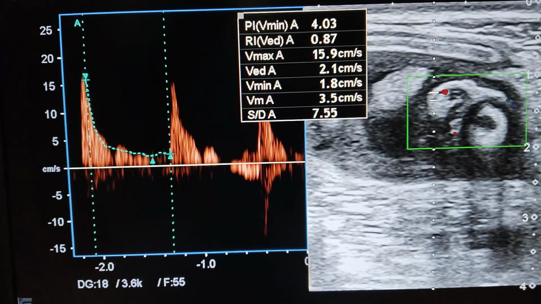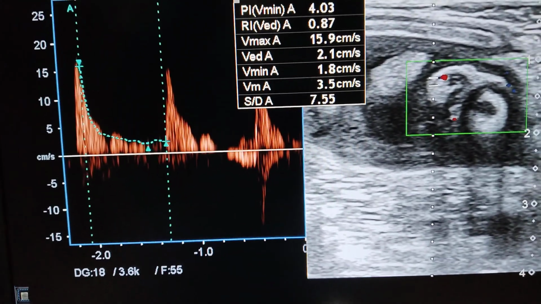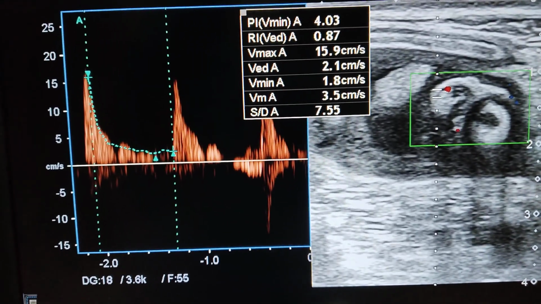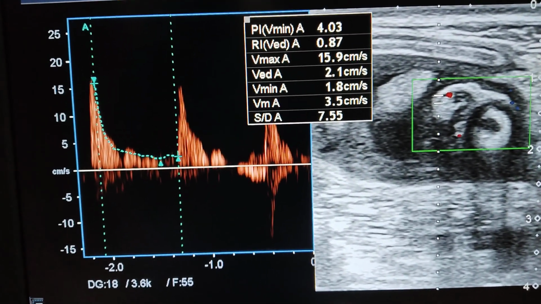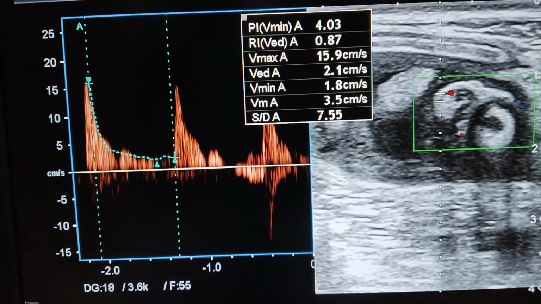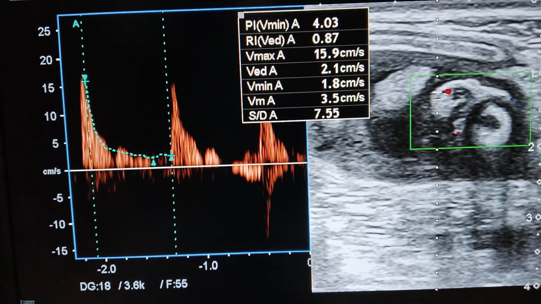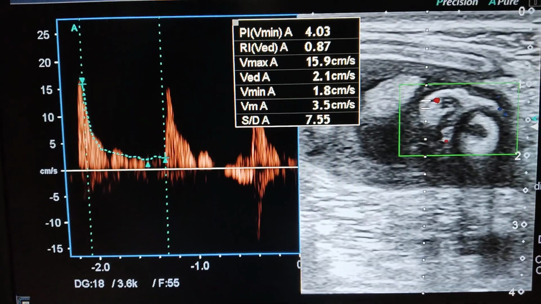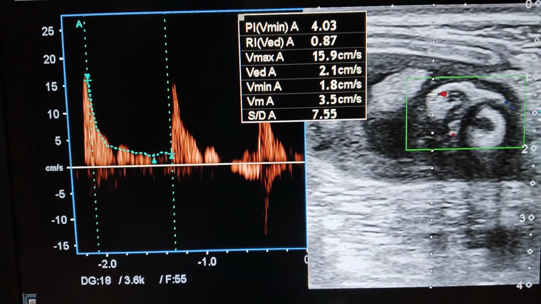it is 0.87. So the RI is 0.87 while the PI is 4. So it means that the Doppler indices are increased during appendicitis. Normally the RI should be less than 0.7.